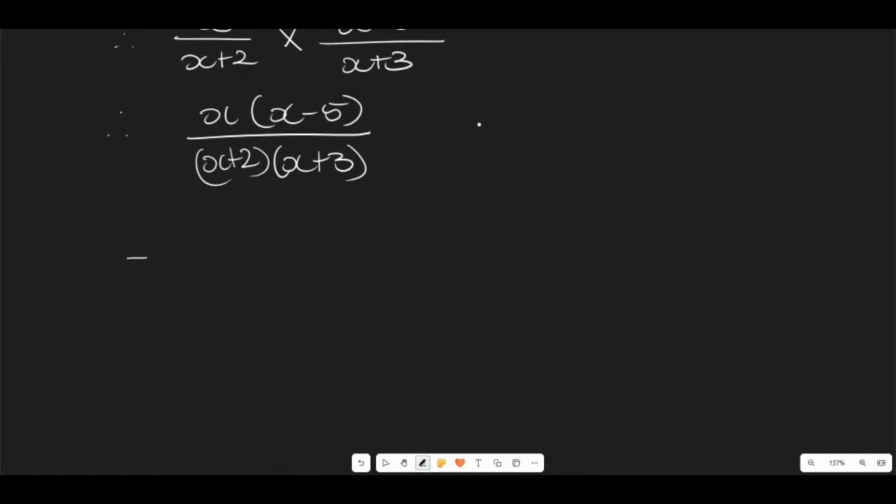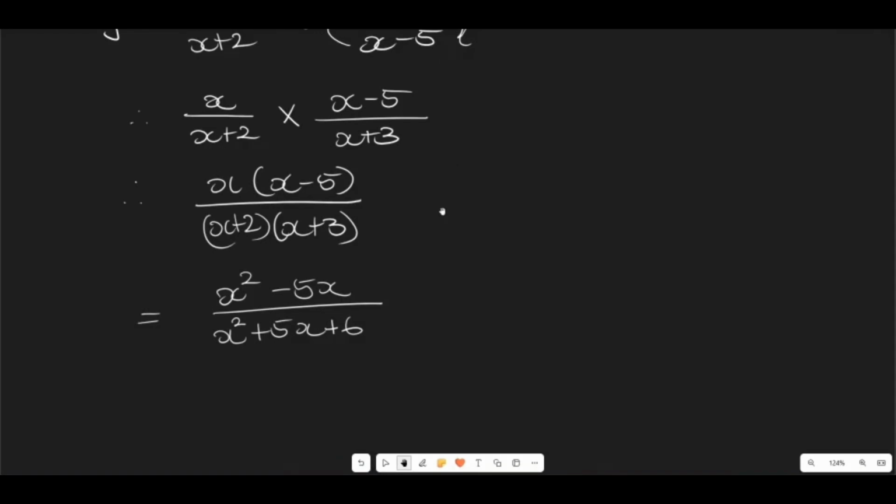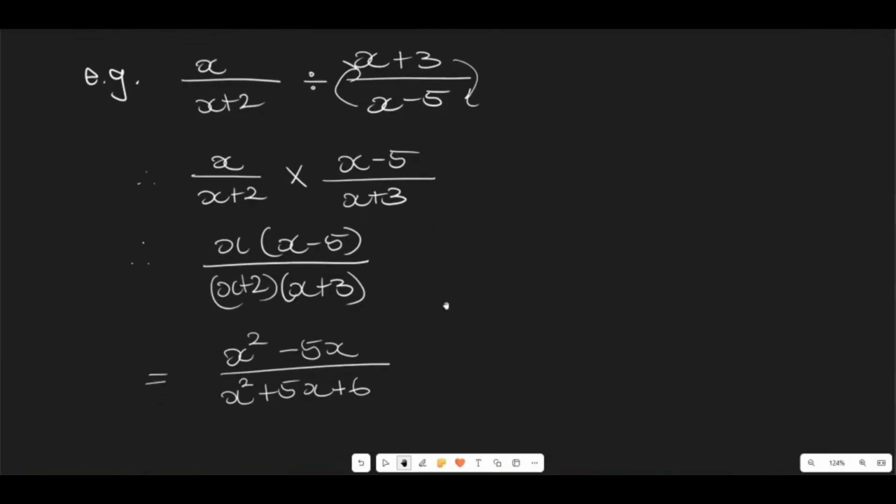And then simplifying this further, we just have x squared minus 5x divided by x squared plus 5x plus 6, right? And that will be your final answer. Pretty straightforward. This is the only extra step that you need to do. Just change the symbol and then you swap, and that's it.